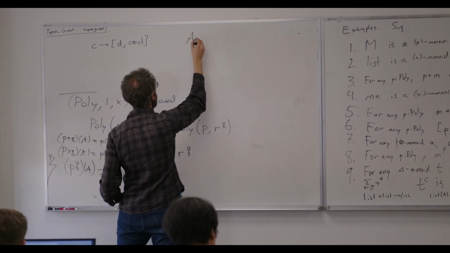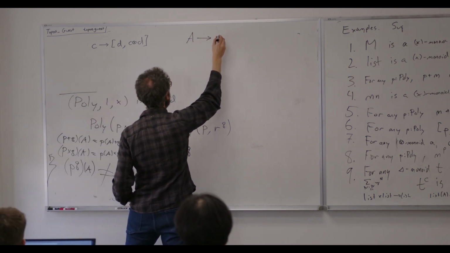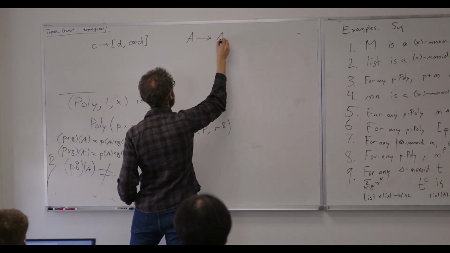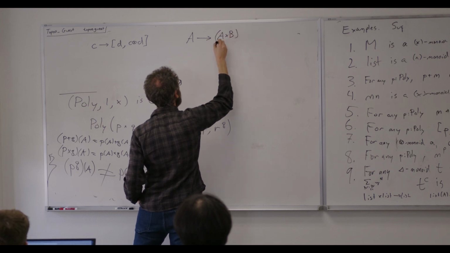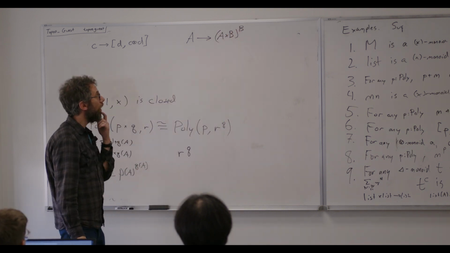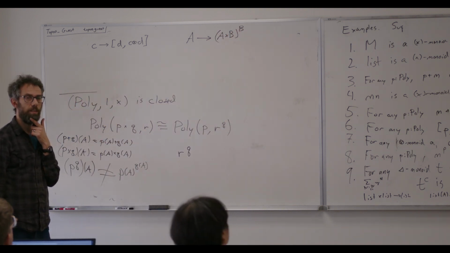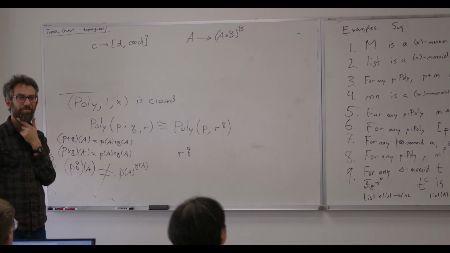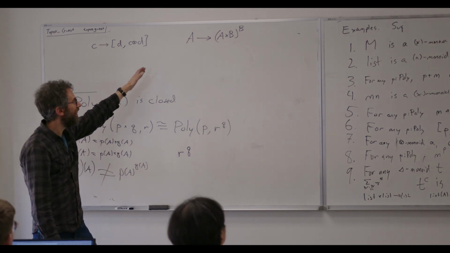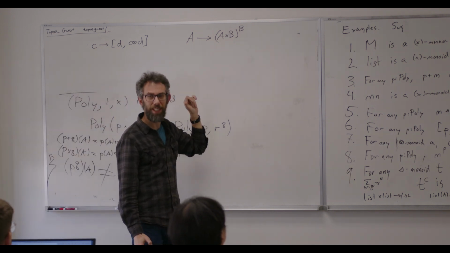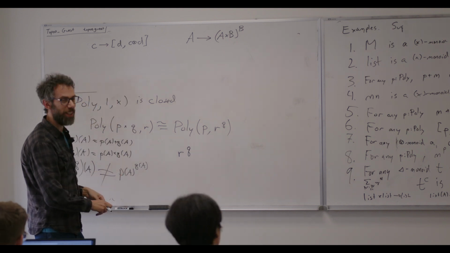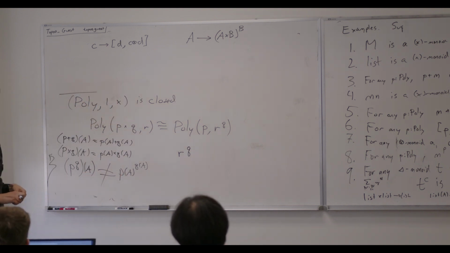Do you know the map that takes A to A times B to the B? Yeah, given an A, I need a function that waits for a B and gives me an A and B. Okay, that's apparently important. It's kind of a one at a time way of getting an A and a B, right?